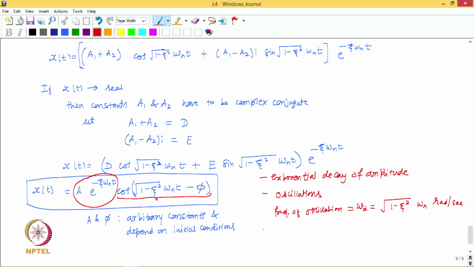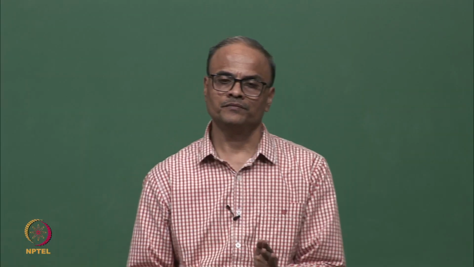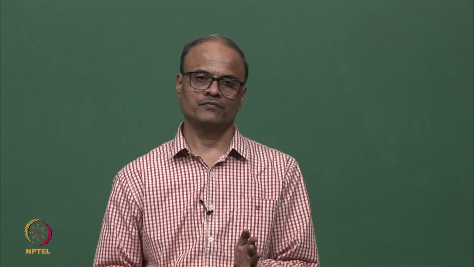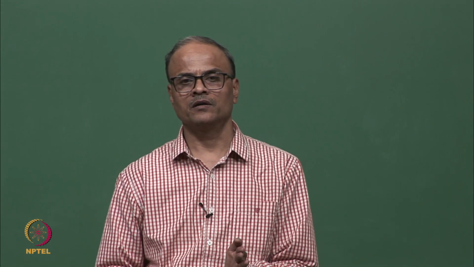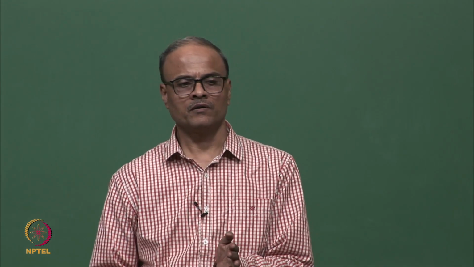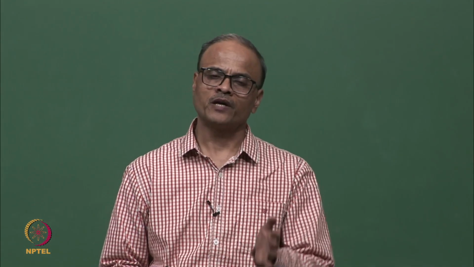The third thing we see is that we have this phi here. This phi represents phase lag, which means that the system response reaches the maximum value with some time lag with respect to the origin.